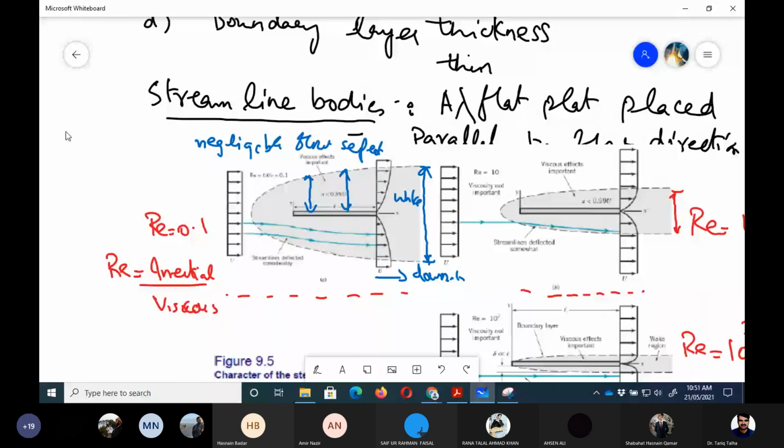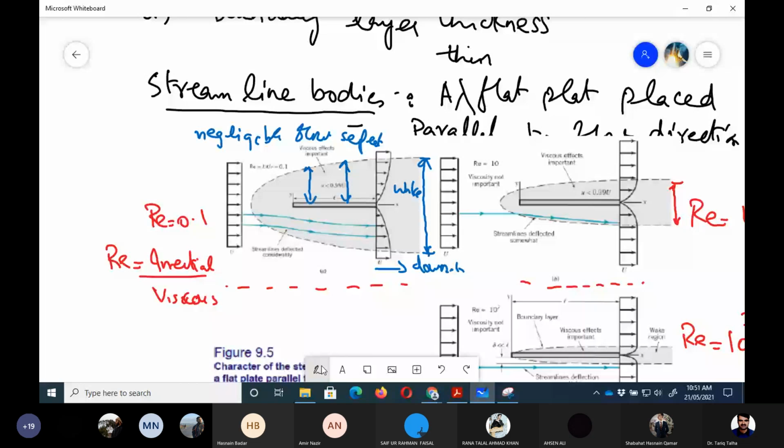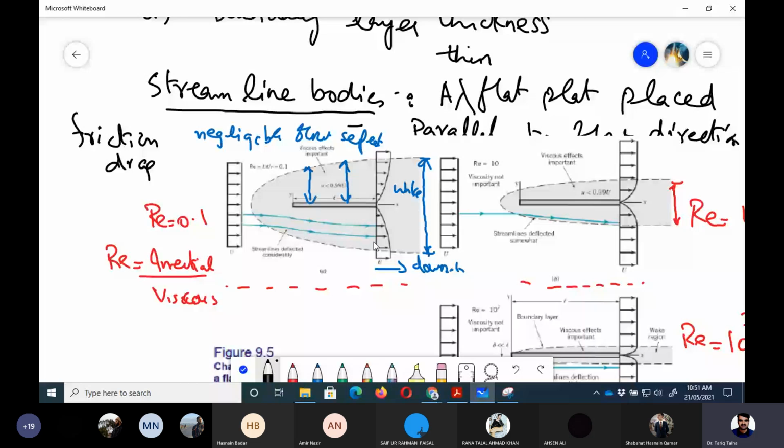Let me write friction drag. Why is that? Because in all the cases there is no flow separation, and all the drag force would be applied by this solid surface with the help of wall shear stress on this solid surface. So here there is only one component, which is friction drag.